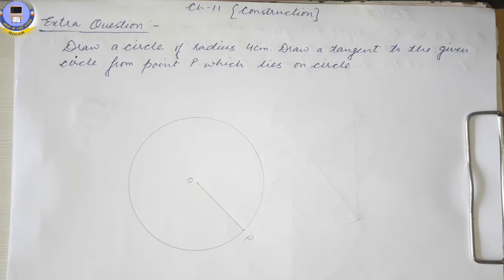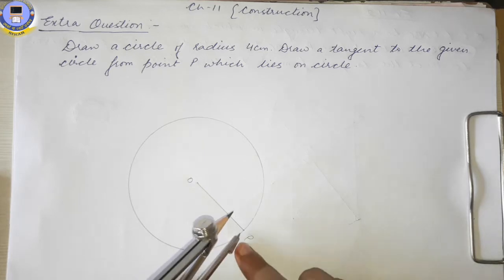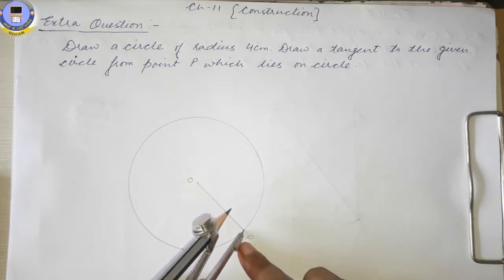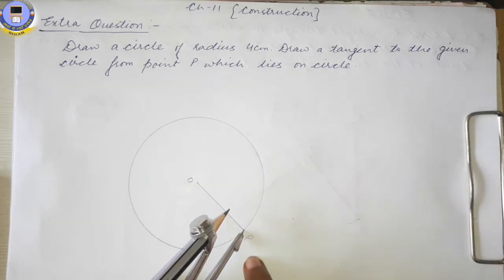Now we know that tangent is perpendicular to radius through point of contact, right? Theorem 10.1 of chapter number 10, that tangent is perpendicular to radius through point of contact. So we know that on point P we must make an angle of 90 degree to construct a tangent to this given circle. That's it.